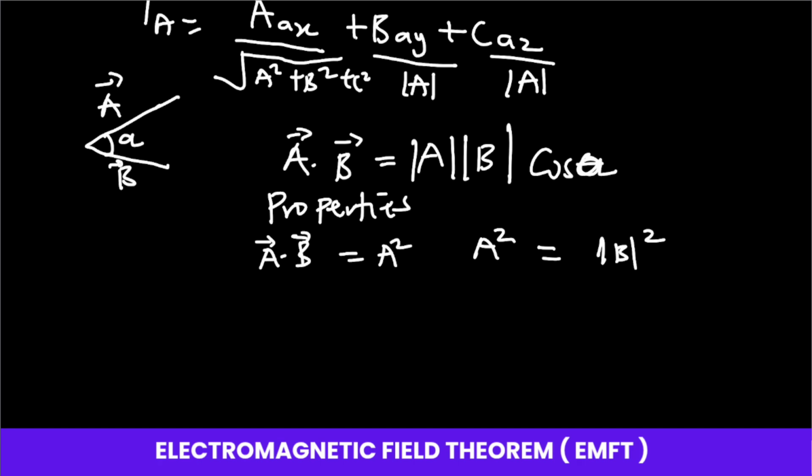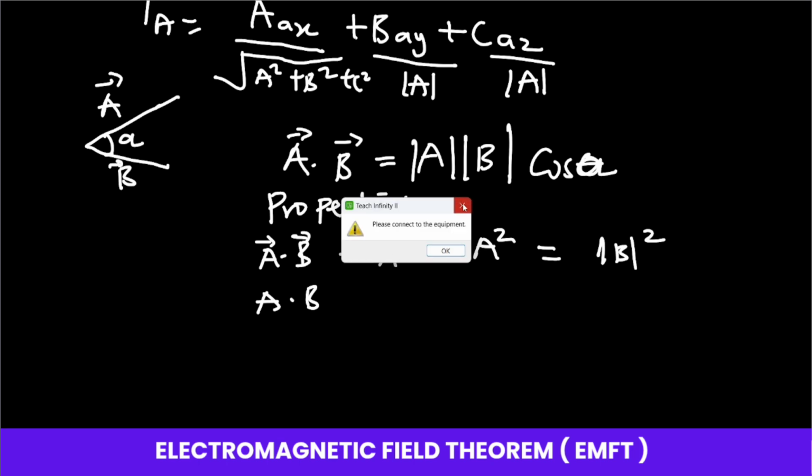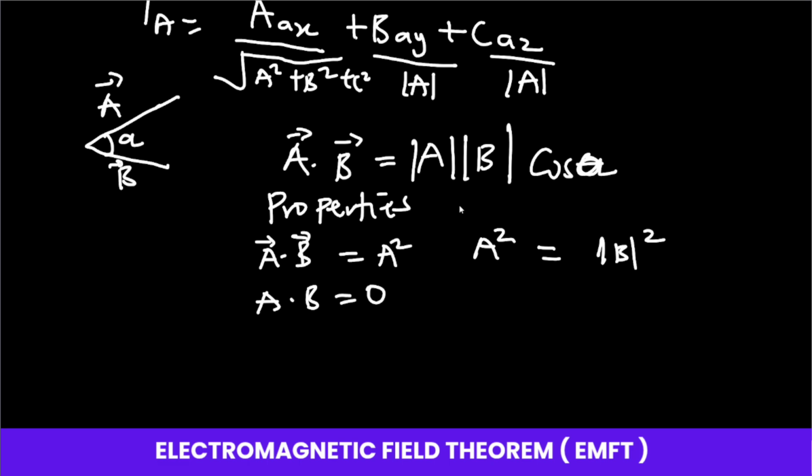And then also, if you understand the problem, it makes the question much easier. A dot B is equal to 0 if the value of A is equal to 0.